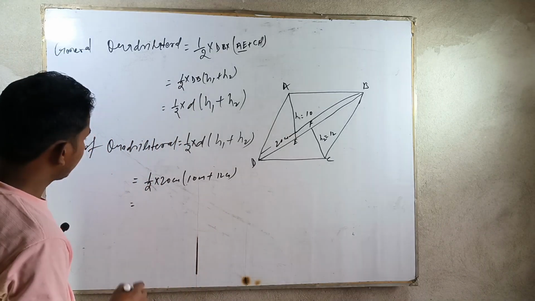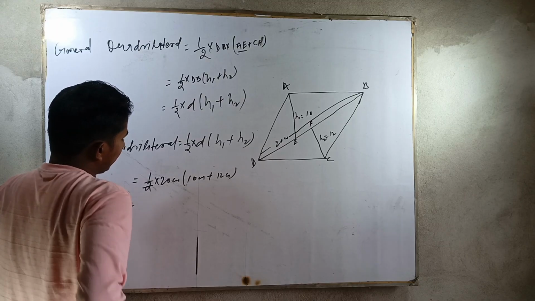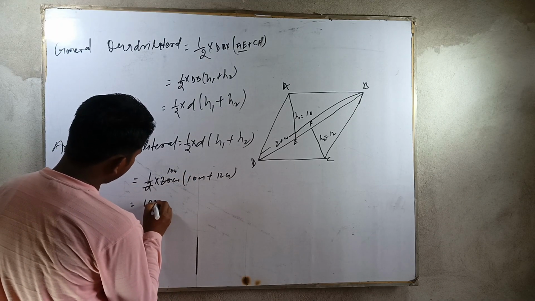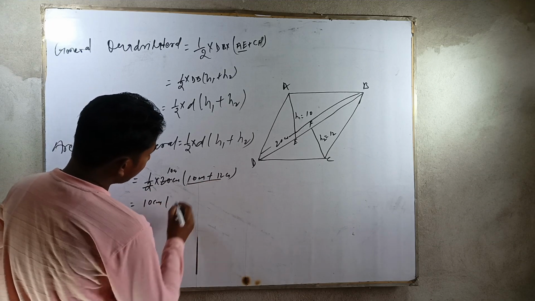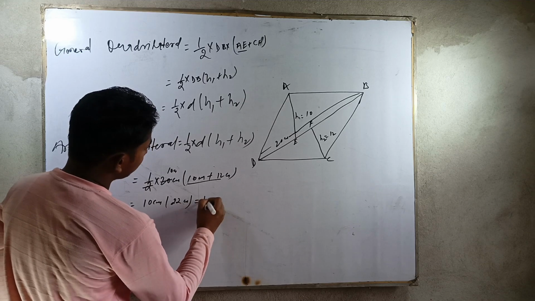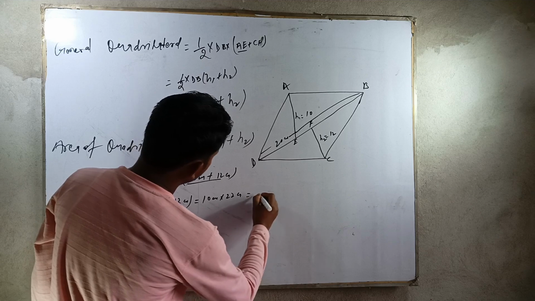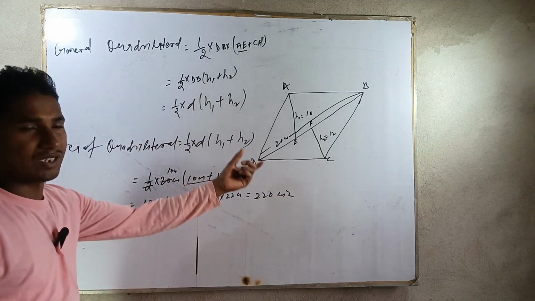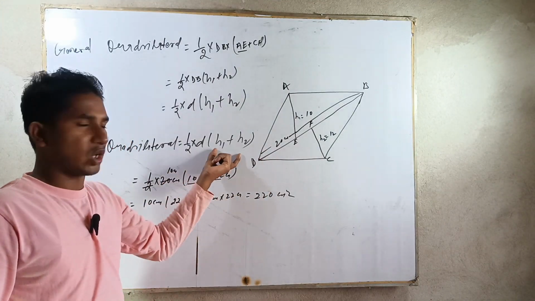Half of 20 is 10 centimeter, and 10 plus 12 is 22 centimeter. Now 10 centimeter cross 22 centimeter will be 220 centimeter square. So the area of this type of quadrilateral is measured with this formula.